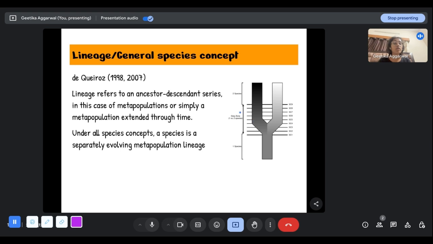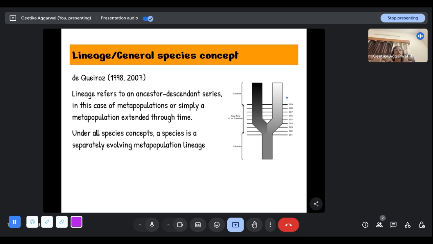In this gray zone, according to the lineage or the general species concept, you can call them different species, because even if one of the species concepts is applicable, say behavioral, ecological, biological, or phylogenetic, you should be able to call them different species. So that is what the general species concept is all about: there is one ancestral species, and then there is a gray zone in which some of these species concepts are applicable but others might not be, and eventually when most of them are applicable, you start calling them two different species.